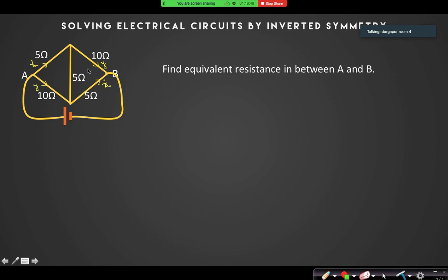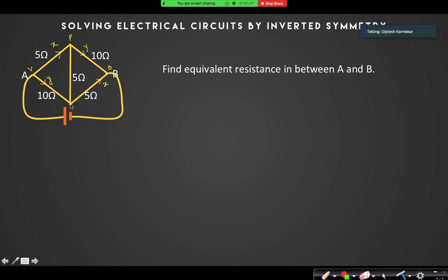Using this concept, can you find the equivalent resistance between A and B? Look, I assume this potential is 0, I am using nodal analysis. This potential is 0, and let us assume this potential is V. If this potential is P, then what will be this potential?